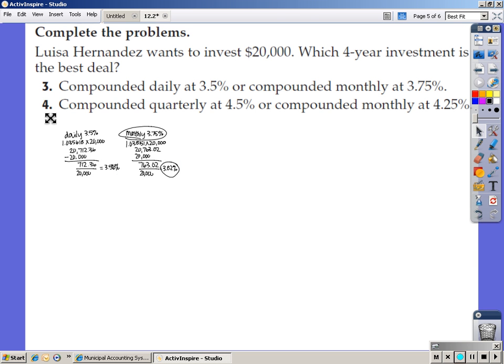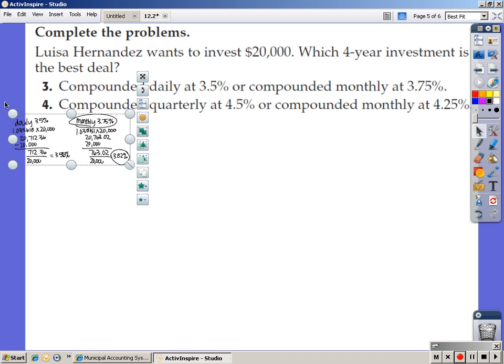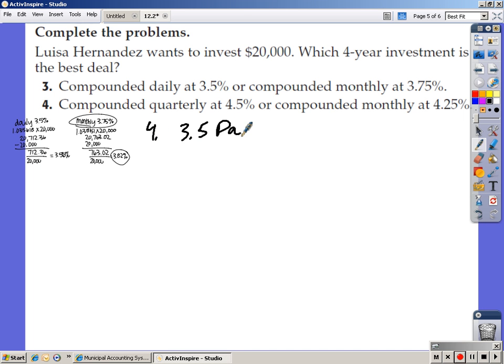Okay, scoot that over. All right, now, for number 4, we have 3.5% daily. Okay, 3.5% daily is 1.045765. And oh, you know what? I'm looking at number 3. That should be 4.5%. 4.5% daily is 1.045765.